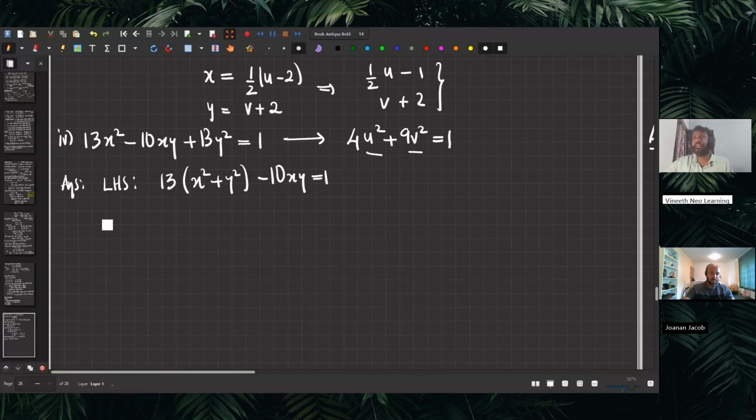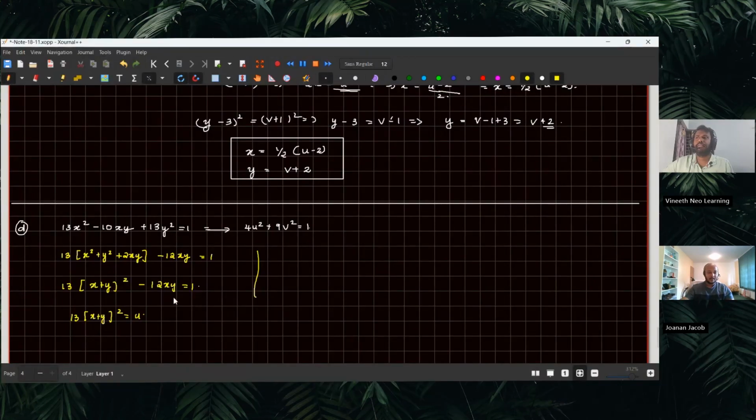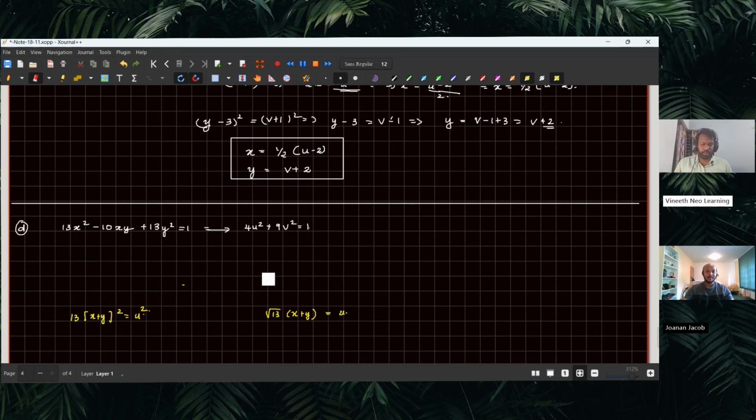Can you share the board? What I'm doing may be rubbish. Negative 12xy equal to v squared. So I can write root 13 times x plus. That's really complicated, that's making it a complicated problem, I think. There is an easy workaround, but it is a bit more tricky.